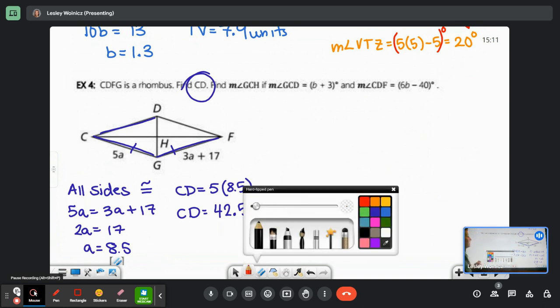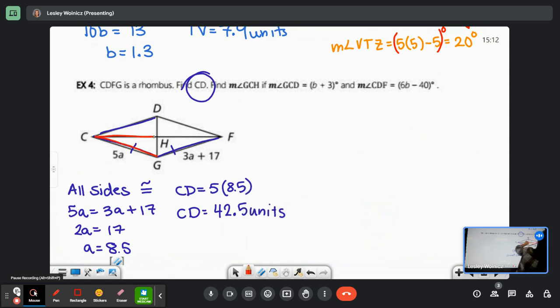All right, what else do we have to find out? We want the measure of angle GCH. Then this big one is B plus 3.